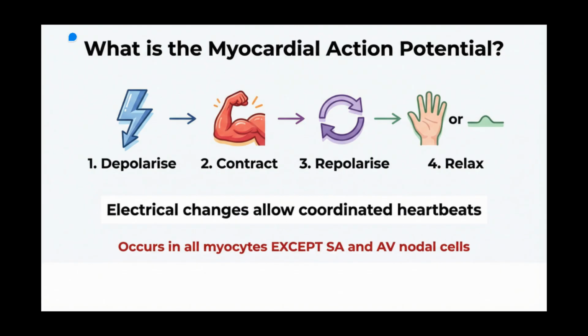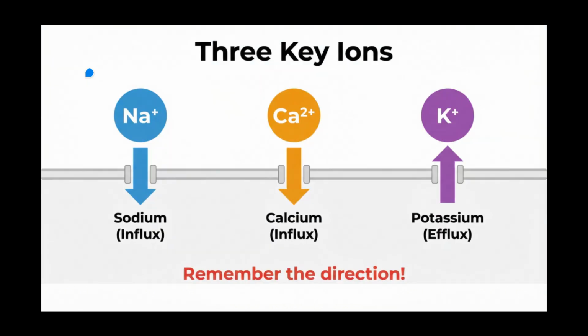It occurs in all cardiac myocytes except the SA and AV nodal cells, which have a different type of action potential. The process depends on movement of three key ions: sodium, Na+, calcium, Ca2+, potassium, K+. If you remember the direction of each ion movement, everything else becomes logical.